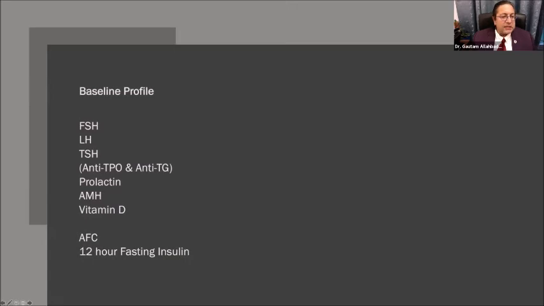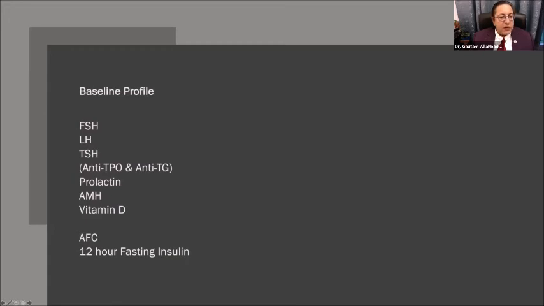Today, vitamin D has found its way into the list of essential investigations. This is not a luxury. Vitamin D levels should be above 30, and vitamin D levels affect implantation and the endometrium at a submolecular level. And it's very simple. Vitamin D supplements can be taken to increase the level to above 30.